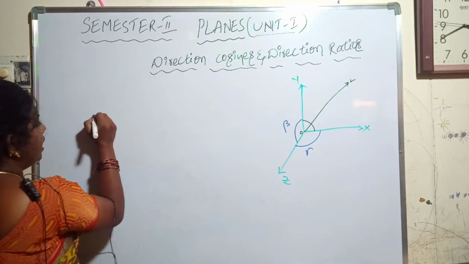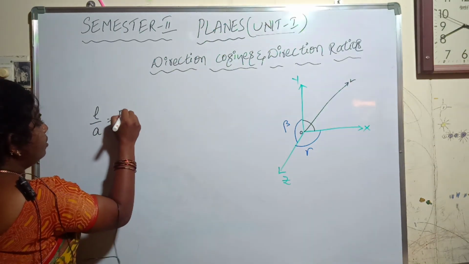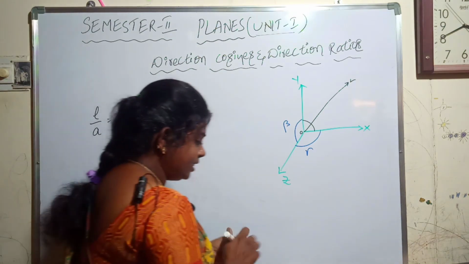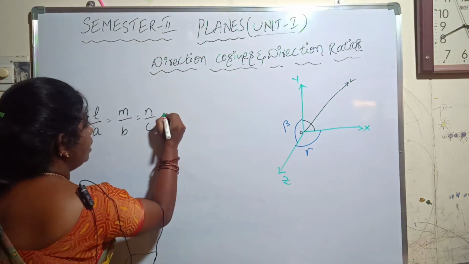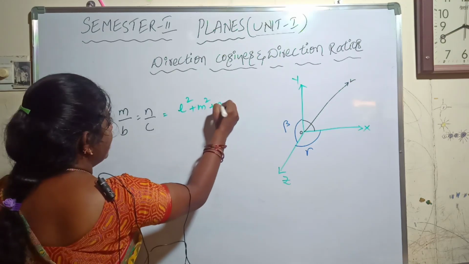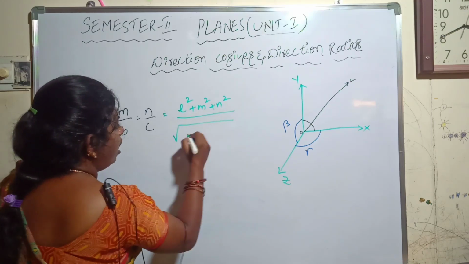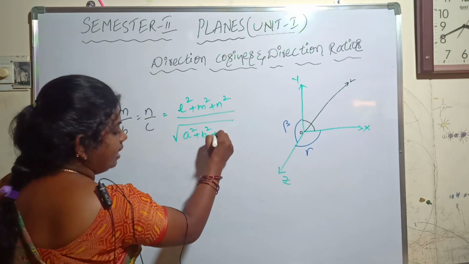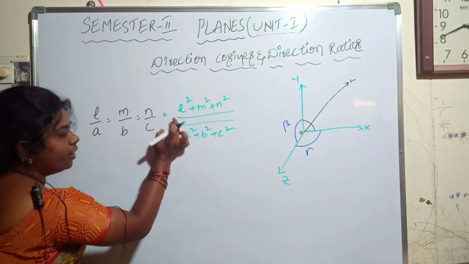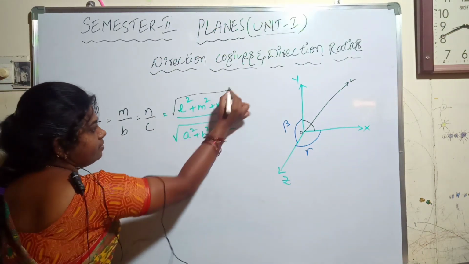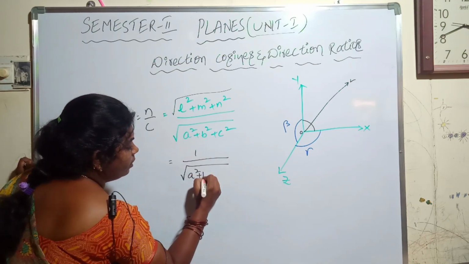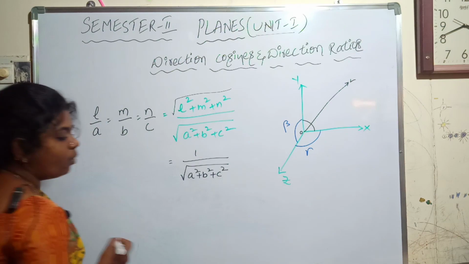That is, L by A is equal to M by B is equal to N by C, which is equal to root of L square plus M square plus N square by root of A square plus B square plus C square, which is nothing but 1 by root of A square plus B square plus C square.